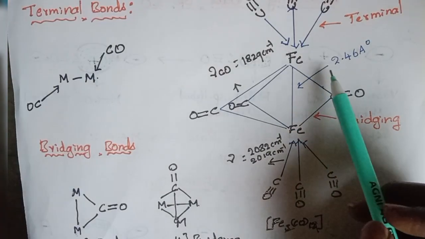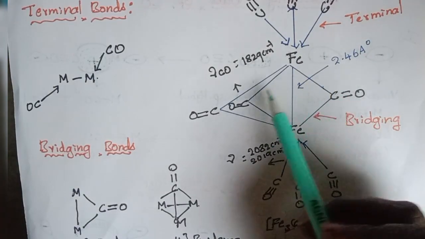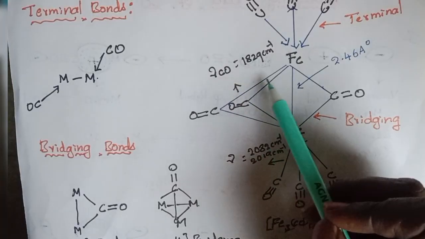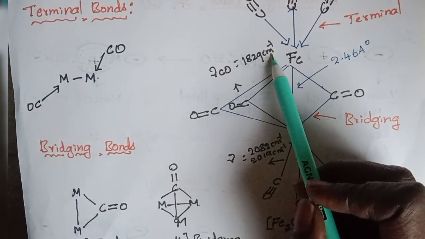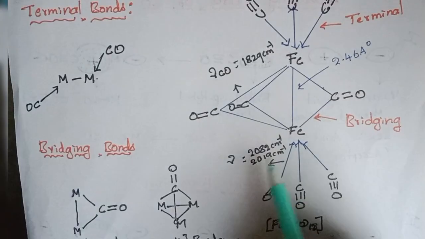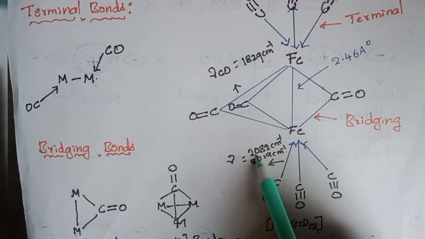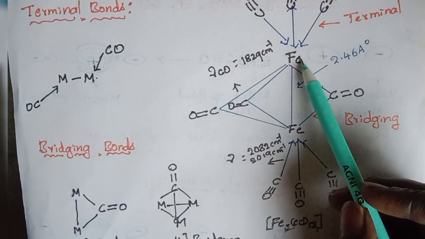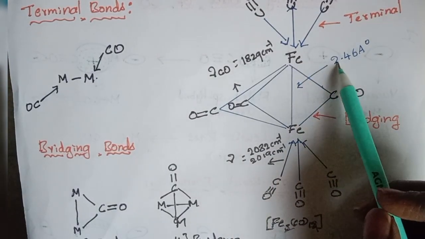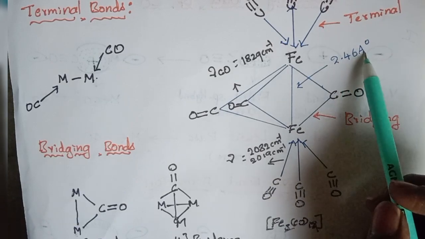The stretching frequency of bridged carbonyls is 1829 cm inverse, and of terminal carbonyls is 2082 and 2019 cm inverse, and the bond length between iron and iron is 2.446 angstroms.